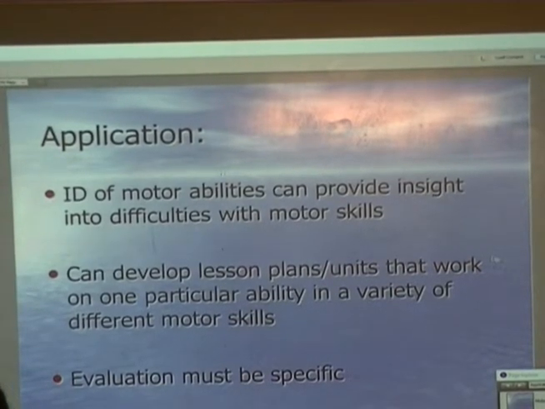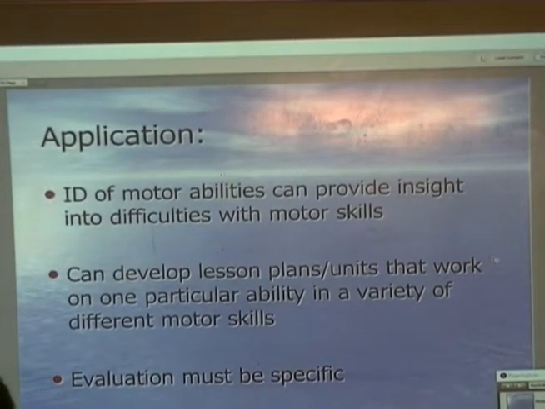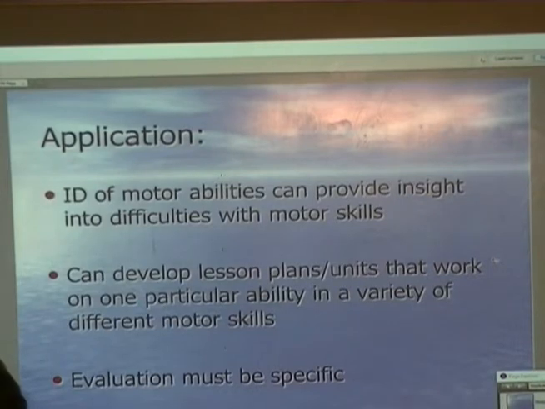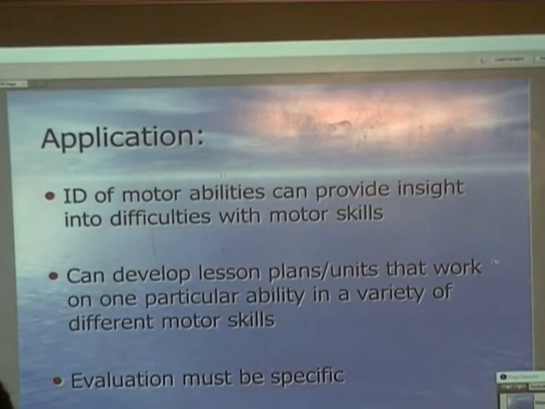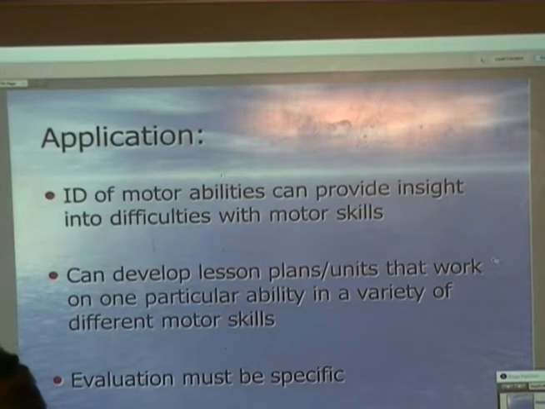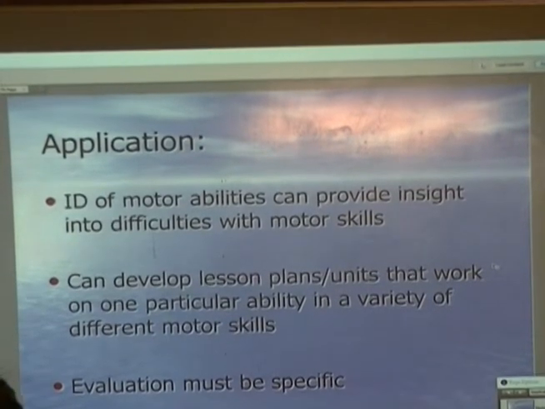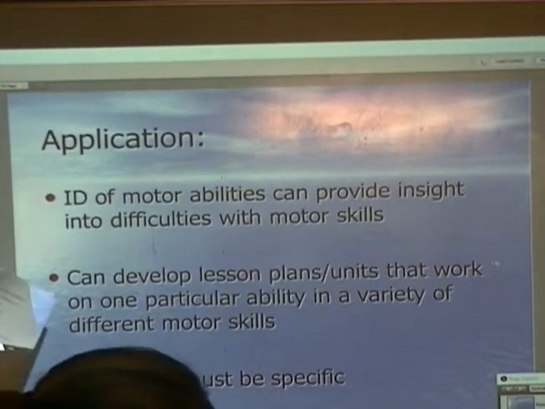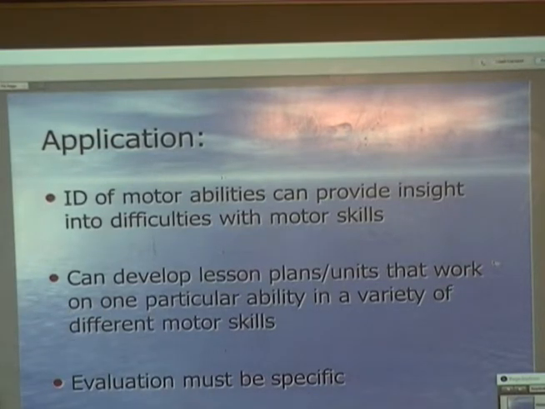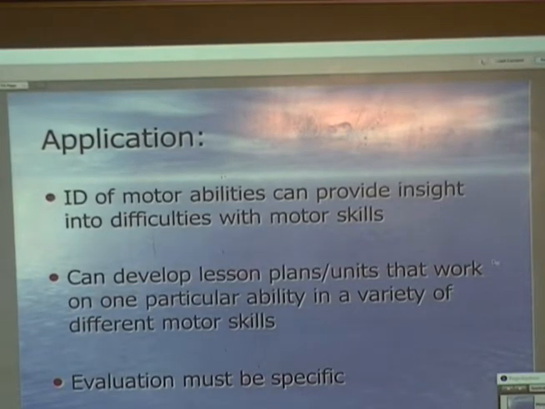This might be one of the reasons. Motor abilities would come under structural, functional, depending which ability you're looking at, constraints. They're an individual constraint. So is there an individual constraint that is holding this person back from learning the skill which I believe I have presented very appropriately? That can help me develop further lesson plans to try to improve that motor ability.